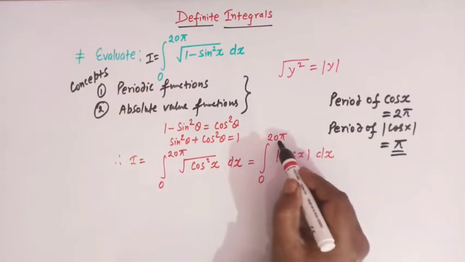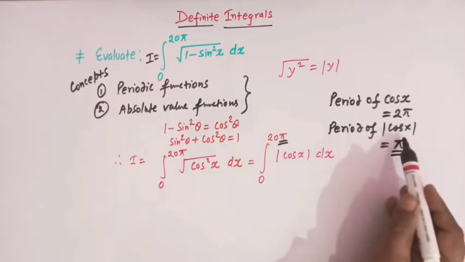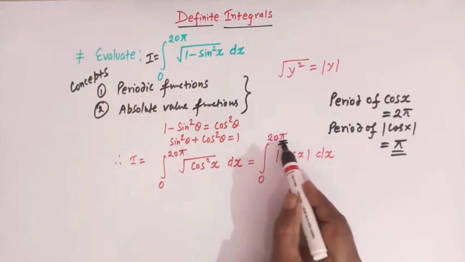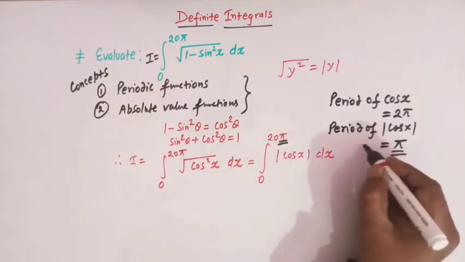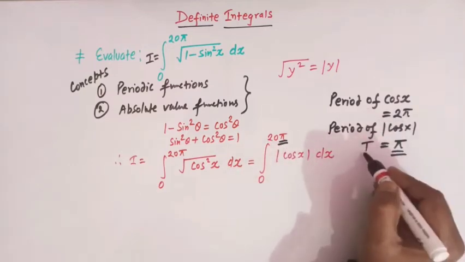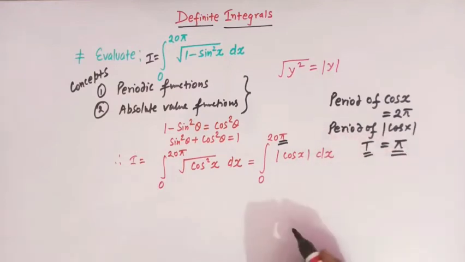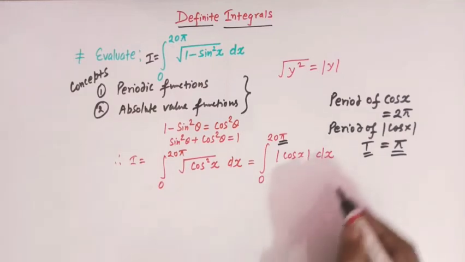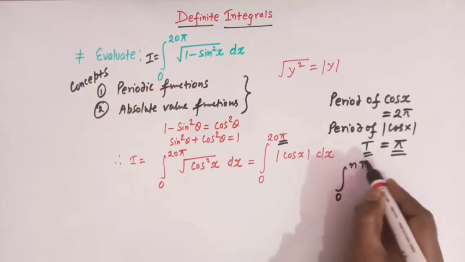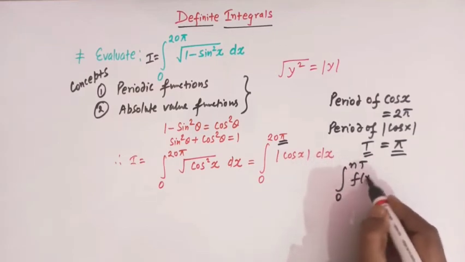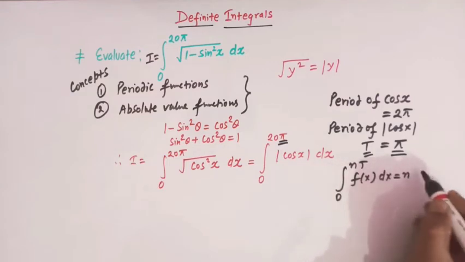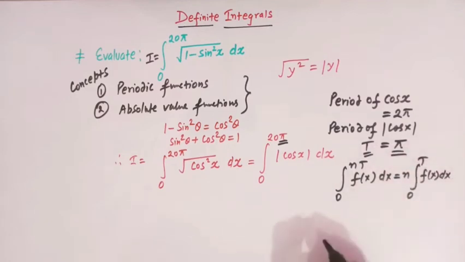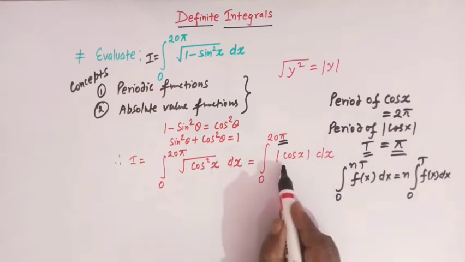Now see, the period of mod of cos x appears in the upper limit, that is the upper limit is 20 pi. If the period of mod of cos x is denoted by T, then T is equal to pi. We know from the properties of definite integrals that integral from 0 to nT of f of x dx is equal to n times the integral from 0 to T of f of x dx.